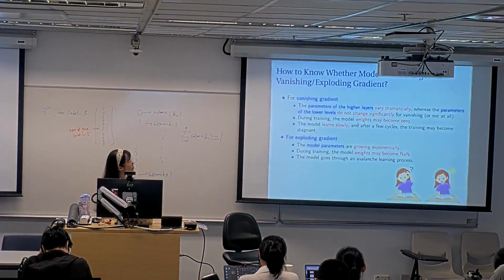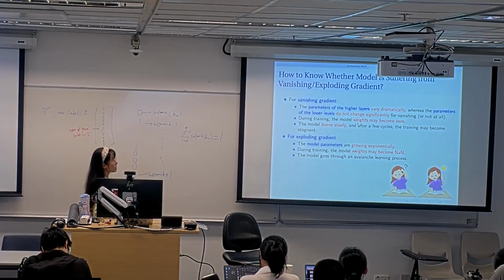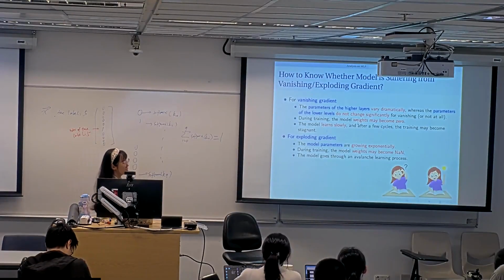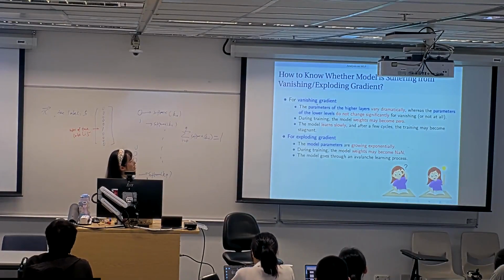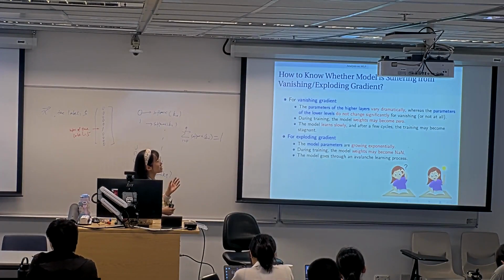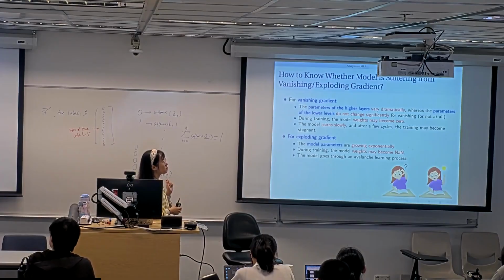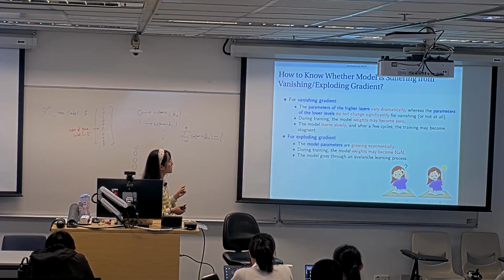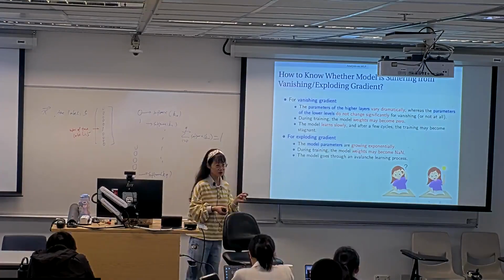Then how do we know whether your model is suffering from vanishing or exploding gradients? For vanishing gradient, if you find that the parameters of the higher layers vary dramatically, but the parameters of the lower layers do not change significantly or not at all, then possibly you are suffering from vanishing gradient.